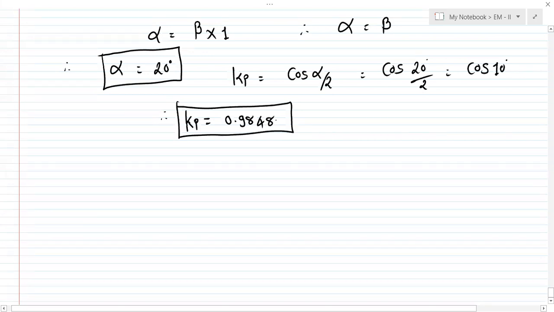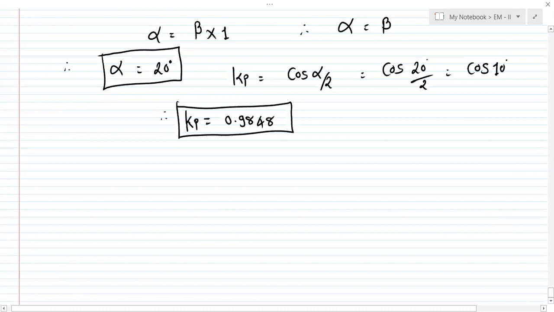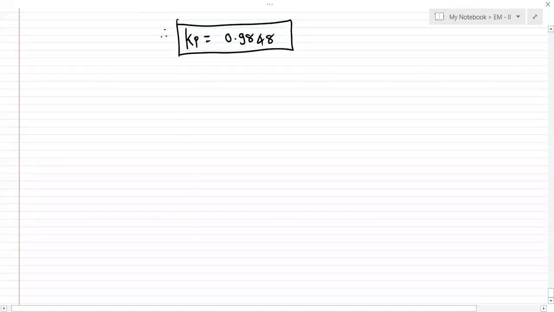Now today also we have to solve examples. I request that anyone who has a calculator sit with the calculator. If it is not available with you, use the calculator available in the mobile.